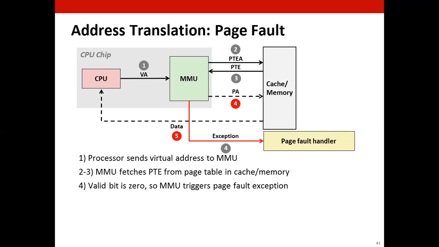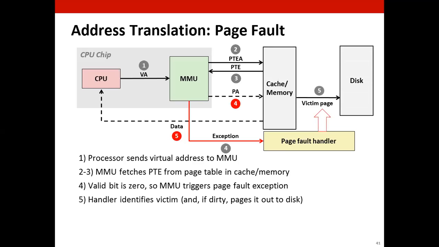Then the page fault handler might write the victim page, which is the page it has to replace, back to disk. In case we had written anything to that page, we want to make sure we are saving that away, so it writes that back to the disk, and then gets the new page from the disk and brings that into the location in physical memory in place of the victim page.